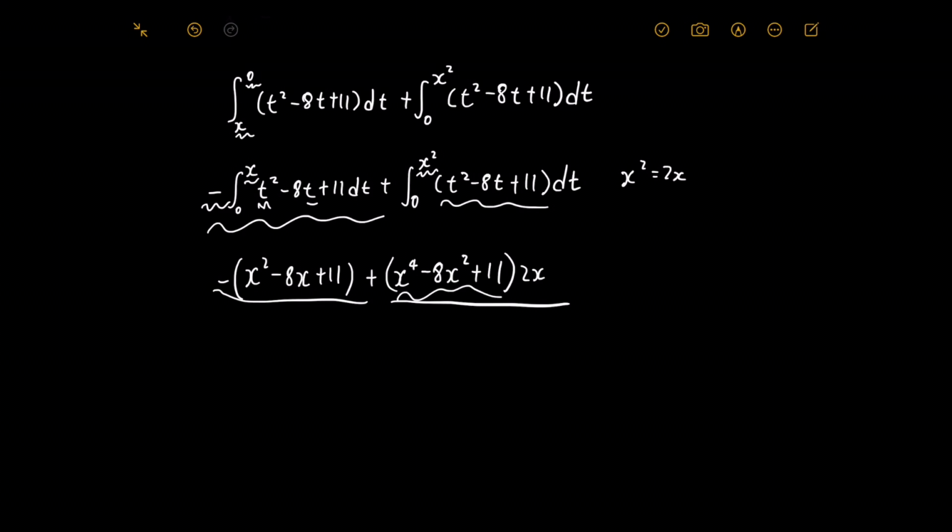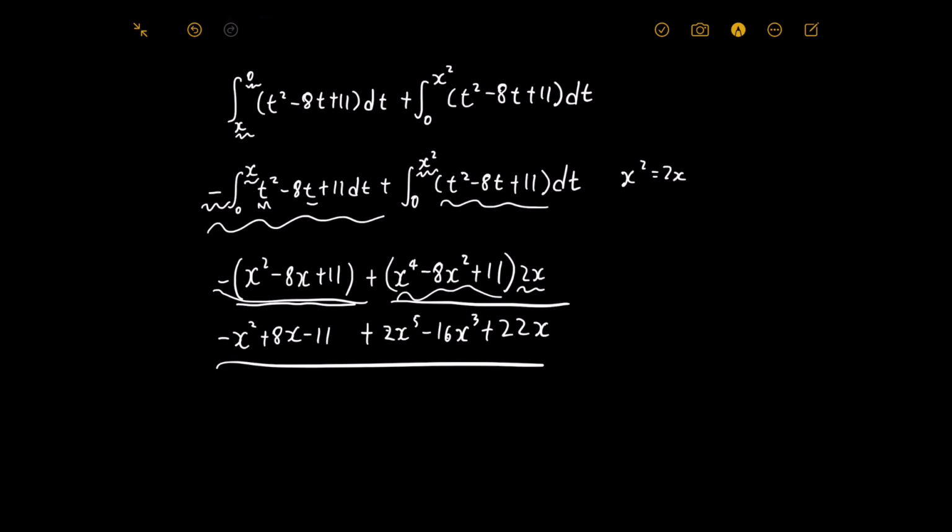This part is multiplied by a negative sign, so it's negative x squared plus 8x minus 11, plus we have to multiply by 2x, so 2x to the 5th power minus 16x to the 3rd power plus 22x.